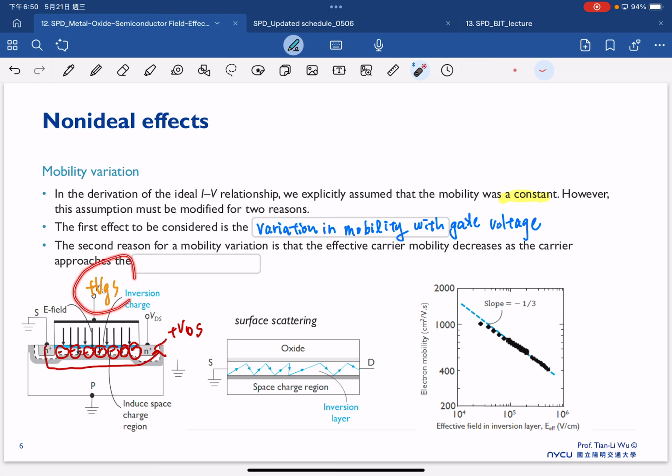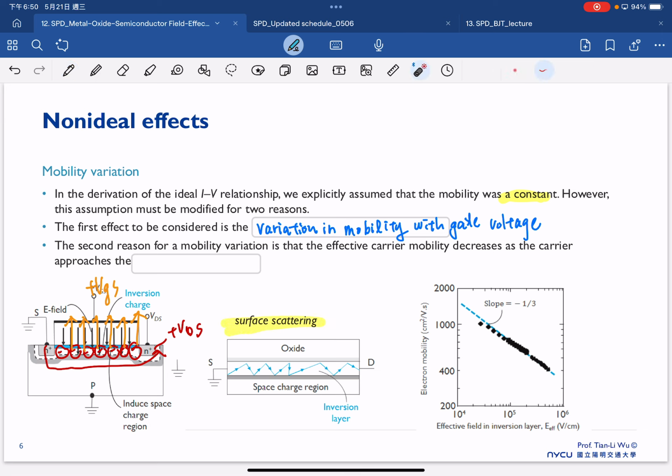But in the meantime, we also apply the gate bias, so these electrons will also be attracted and try to flow from the dielectric toward the gate side. And this will cause some variation in mobility, especially due to this surface scattering issue.